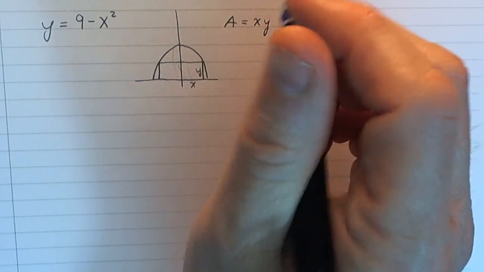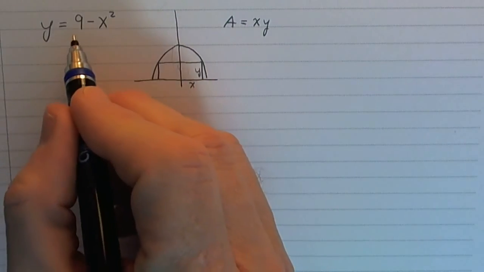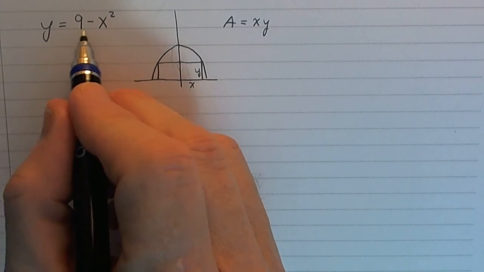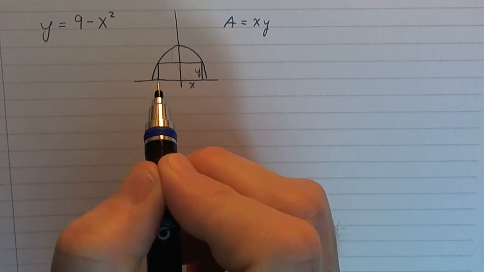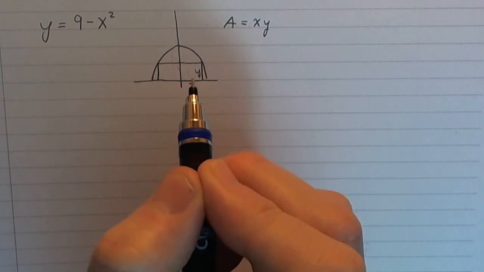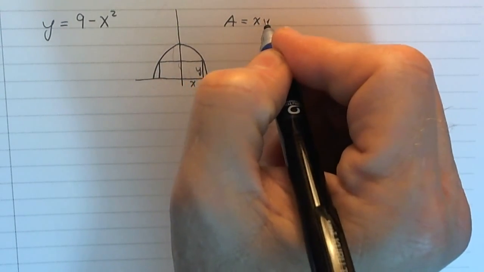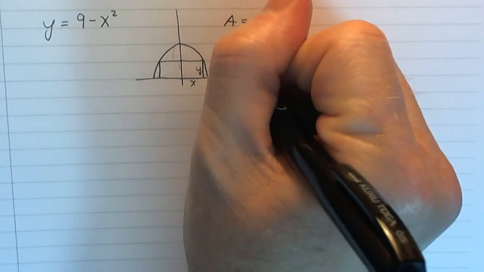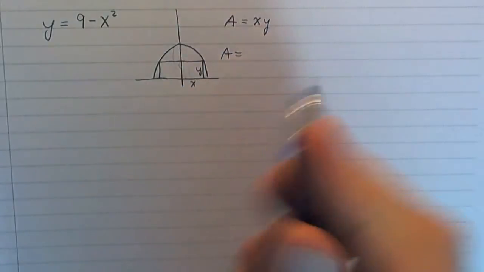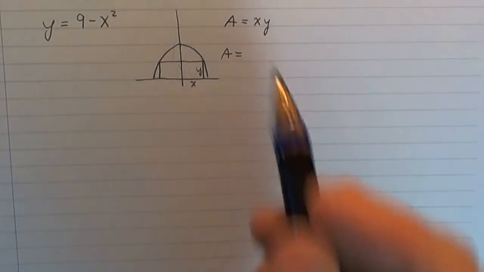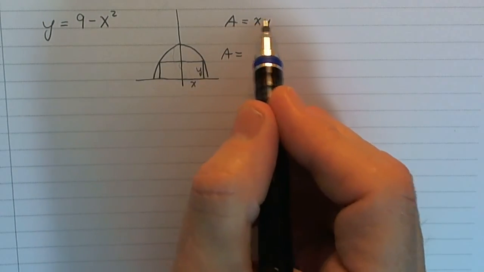Now, we have a constraint, and our constraint is that y equals 9 minus x squared. That's going to help us to eliminate one of these variables. In other words, not really eliminate, but make a substitution, because I've got x times y.